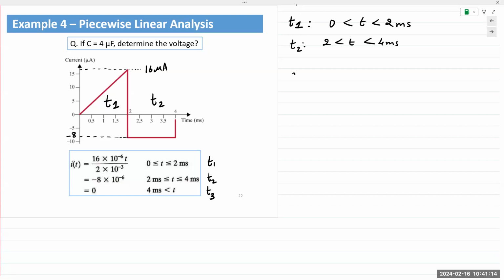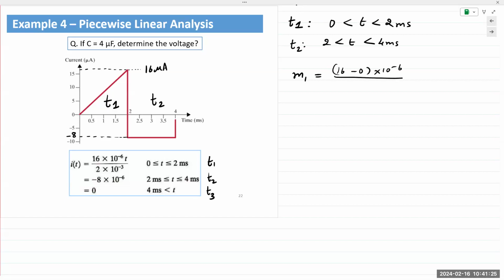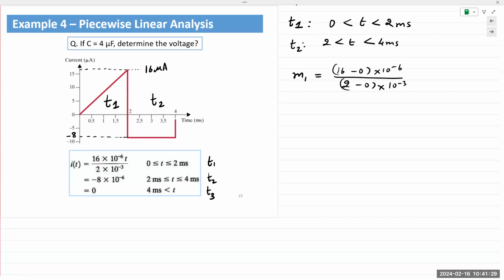For the first one, M1, I will take, let's see, 16 microamps minus 0. So 10 raised to minus 6 divided by 2 minus 0 milliseconds. So I would get 8 into 10 raised to minus 3 amps per second.